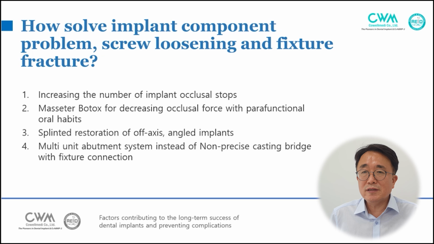First, increase the number of implant occlusal stops, so we can reduce overloading on the implant. And second, some patients have heavy parafunctional habits. So this patient has strong masseter tone.